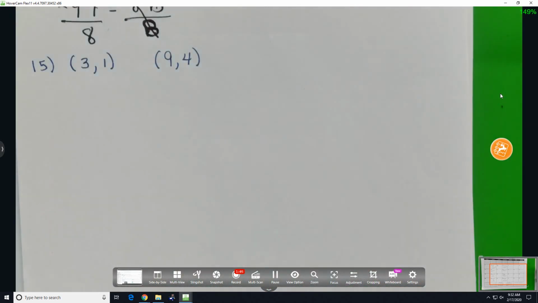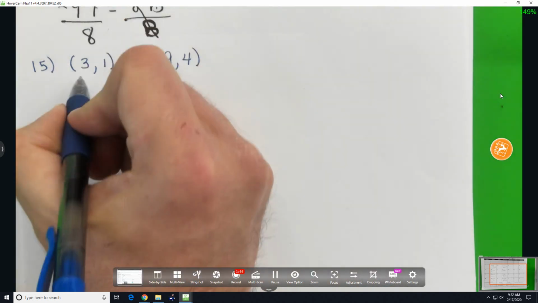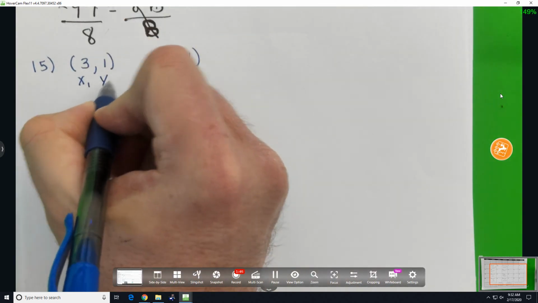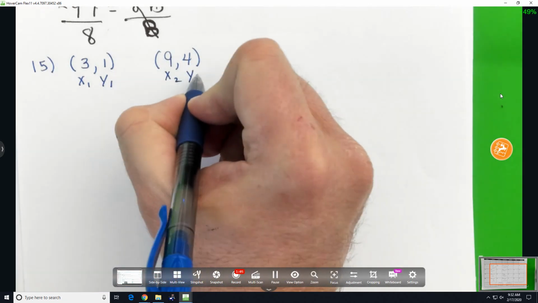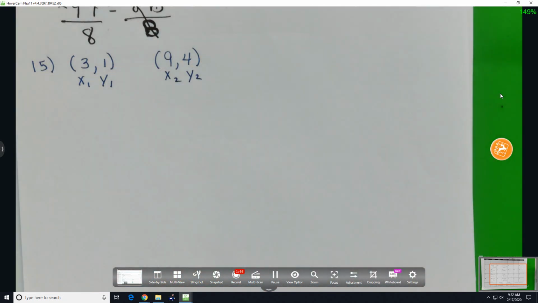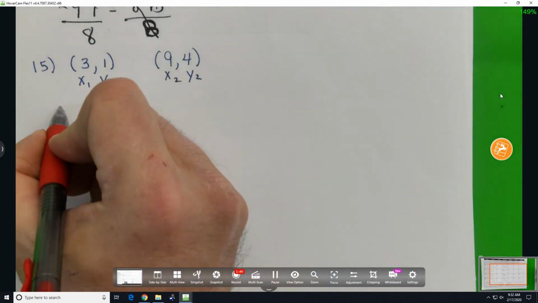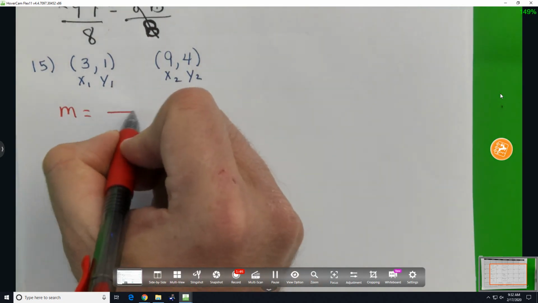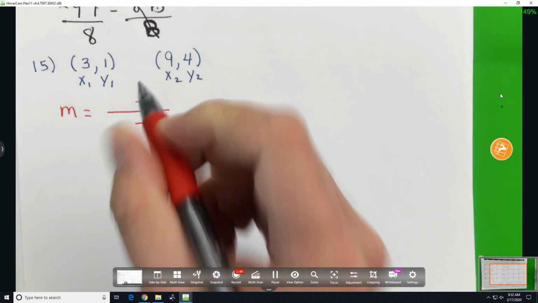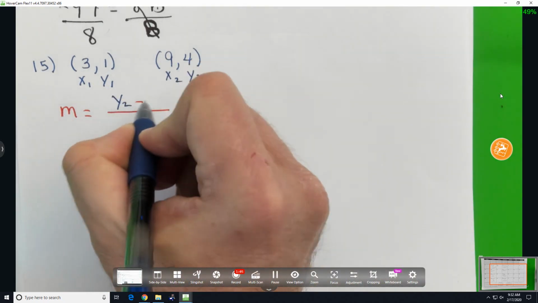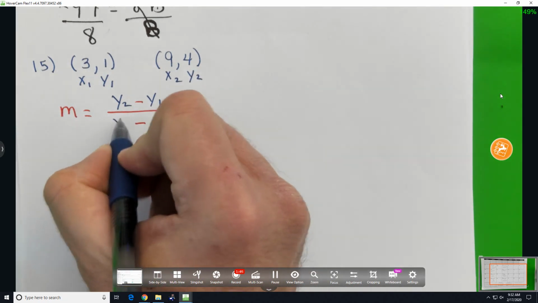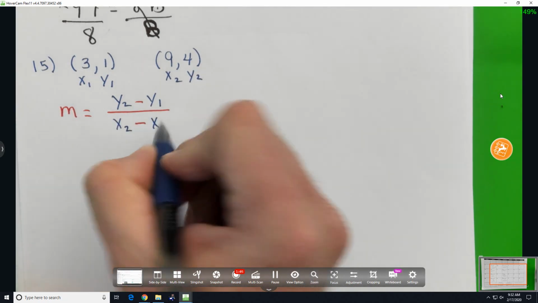So, I'm going to go ahead and label x1, y1. First x, first y. Second x, second y. Let me go ahead and write down that slope formula. That's second y minus first y over second x minus first x.